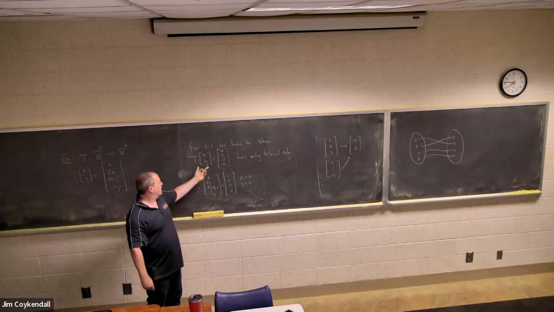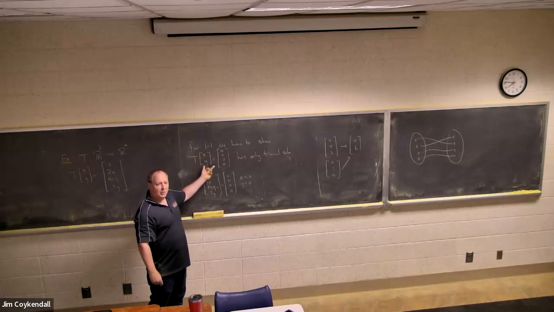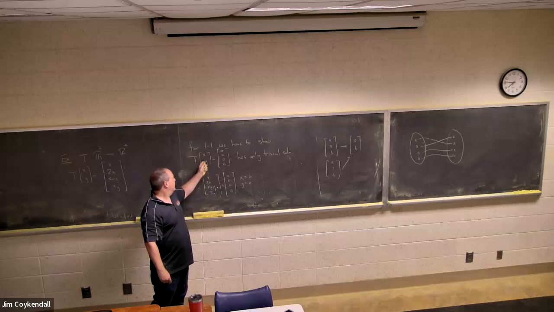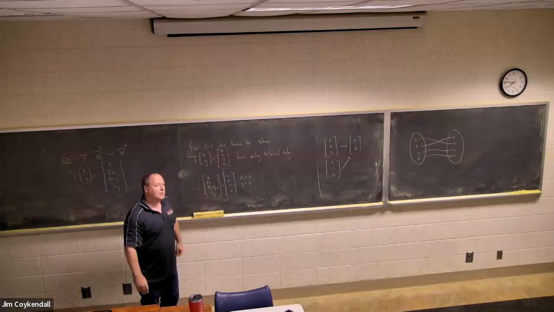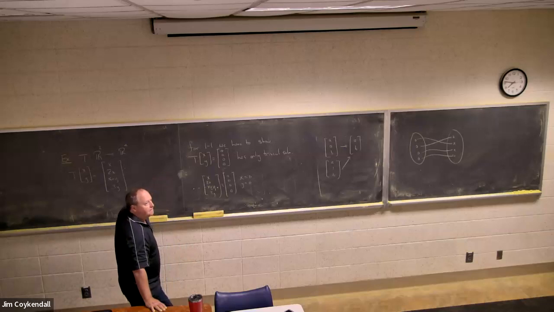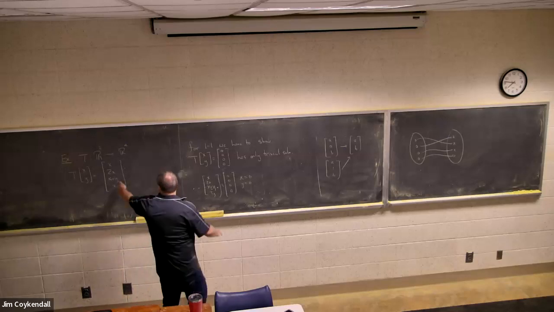That's actually a trick for one-to-one. It's a theorem I gave you in class: to check something's one-to-one, all you have to do is check that the only solution to the linear transformation going to 0 is the zero vector. What's the matrix for this? Didn't I say all linear transformations are matrices? I wrote this down here.